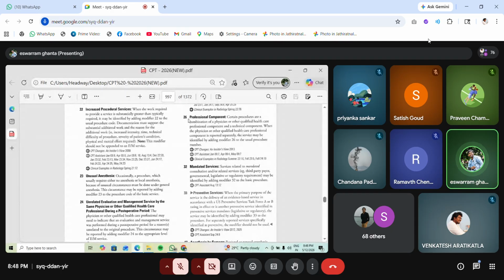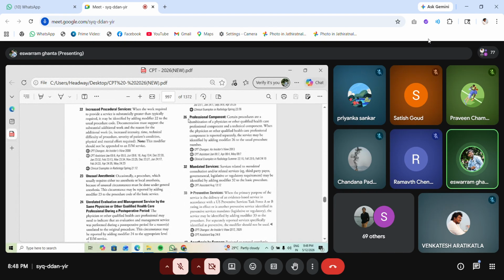The radiologist takes the MRI, and that MRI report is reviewed and interpreted by the physician who ordered that MRI, not the radiologist. That is the actual procedure.